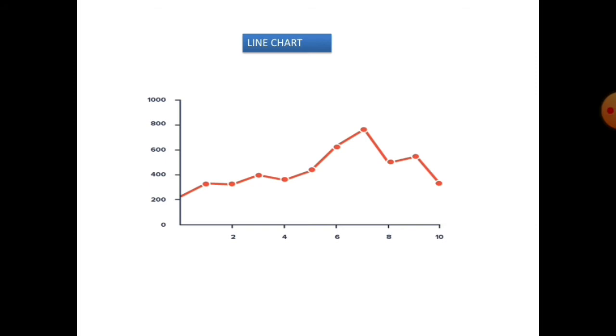For analyzing the data for a minimum or maximum duration, we change our data to represent it in a line chart.